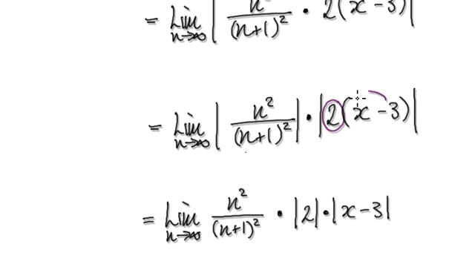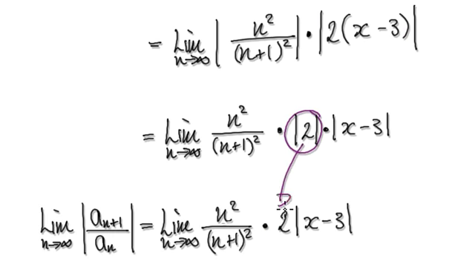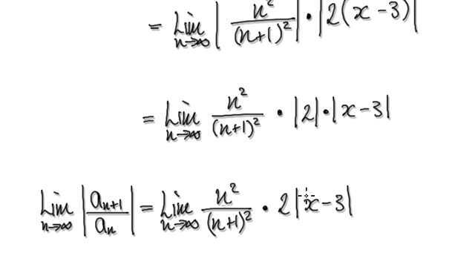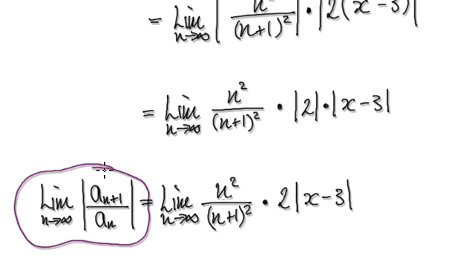And then you've got one thing multiplying with another thing. So take the absolute value of this thing, take the absolute value of this thing. That will then give you this. Well, the absolute value of positive 2 will always be 2. So from here, that will then take you to here. And then remember, with the ratio test, we always need to compute this value.